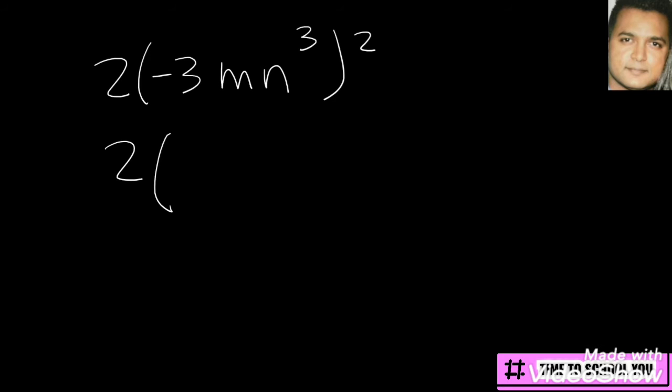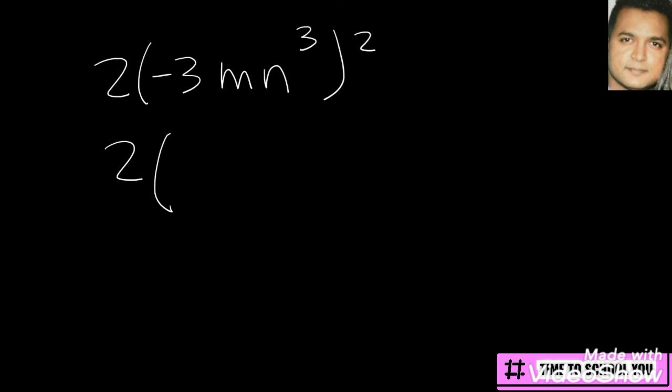Our next one is 2 times (-3m²n³) all raised to the power 2. Remember there's a minus sign. So let's deal with the bracket first. Remember we work from inside out. So we have 2 into minus times a minus will give me a plus.